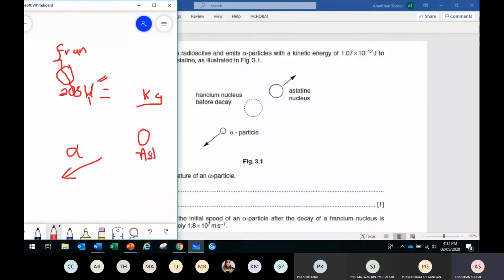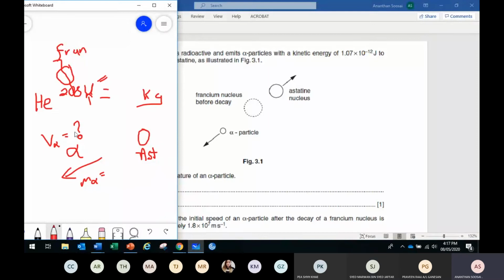They're asking what is the speed of alpha. Do you know the mass of alpha? The mass of alpha is a helium nucleus.